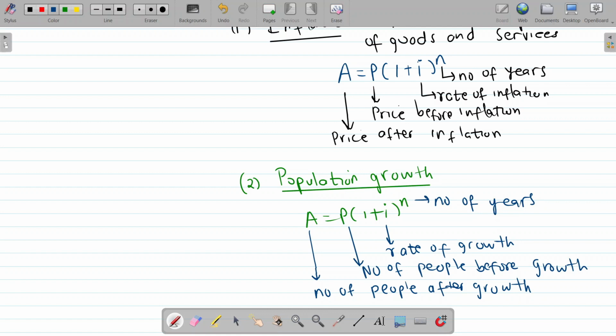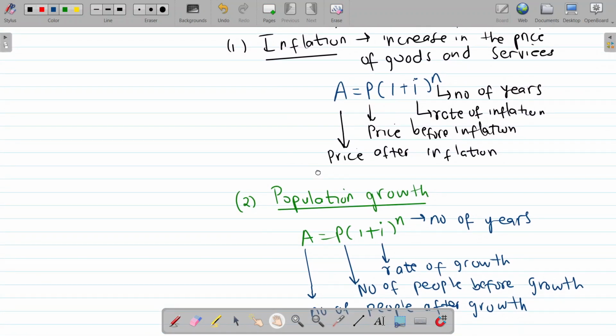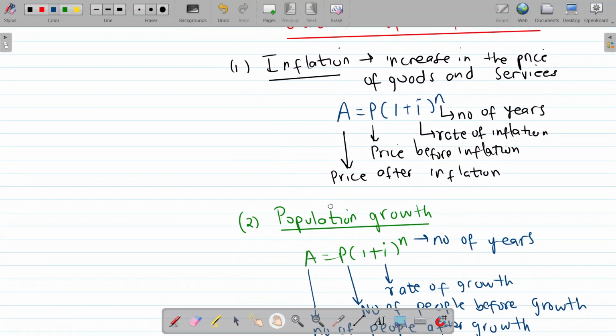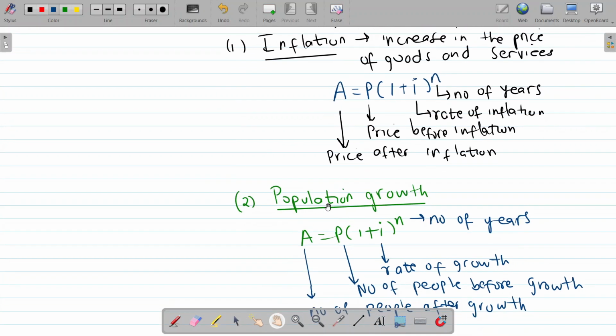Notice that in these uses of the compound interest formula, there is no compounding period. So these are the other uses of the compound interest formula: inflation, which is the increase in the price of goods and services, and population growth, which is the increase in the number of people occupying an area.